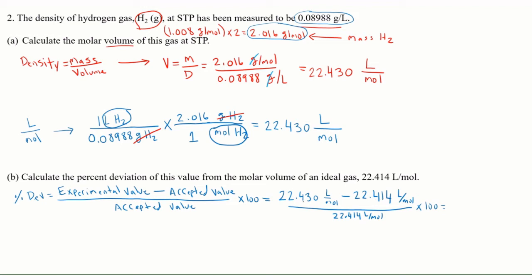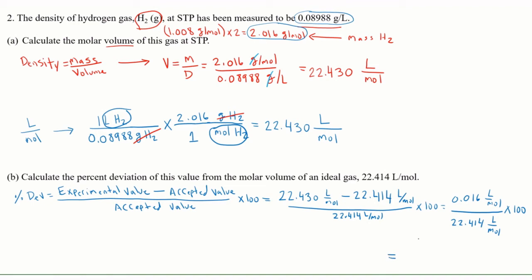And if I subtract 22.430 minus 22.414, I will get 0.016 liters per mole. I will divide this by my accepted value, which is 22.414 liters per mole, multiplied by 100.